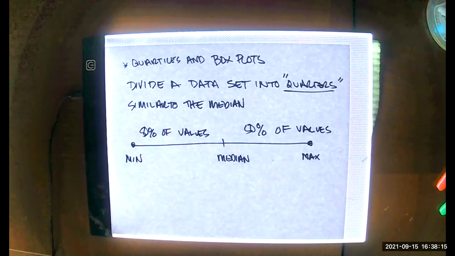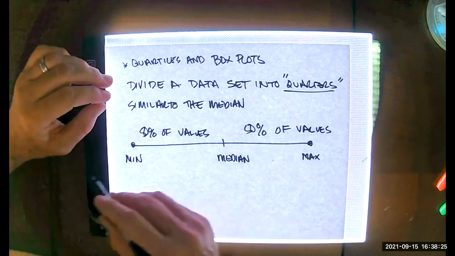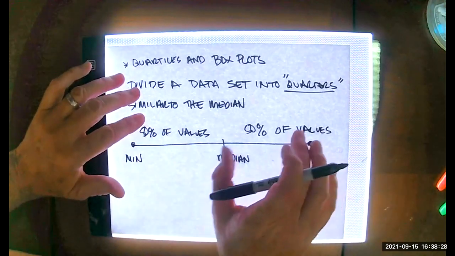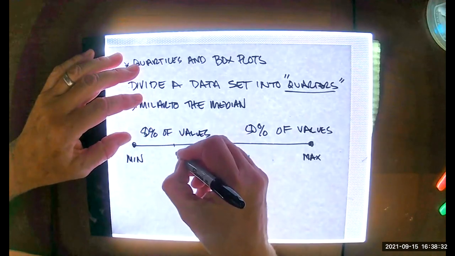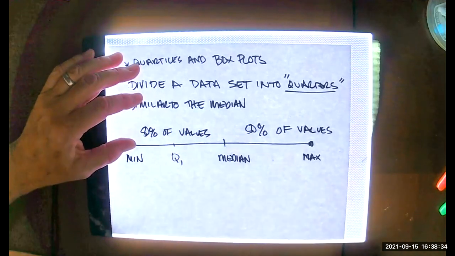So the median has already been discussed, and that really lets us know what we need to do when we want to talk about quartiles. We're going to take the median and each of these 50% of values, and we're going to split it again. We're going to call this guy Q1.